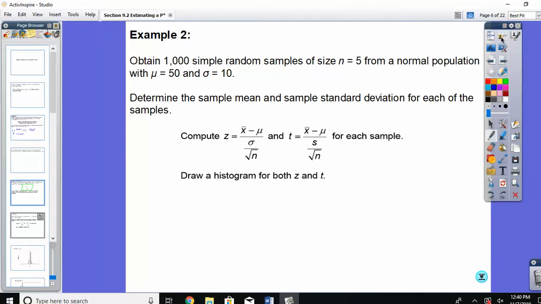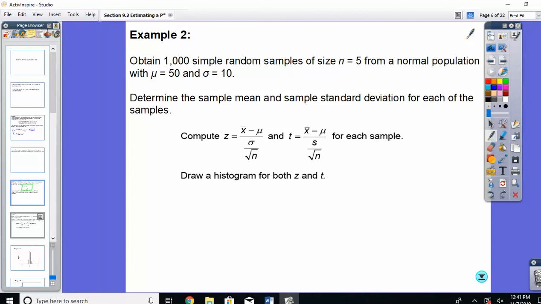So this next example isn't really anything for us to calculate. I've generated some data and made some graphs to illustrate something. If I obtained 1,000 simple random samples of size 5 from a normal population that has a mean of 50 and standard deviation of 10, and I want to determine the sample mean and sample standard deviation for each of the samples.